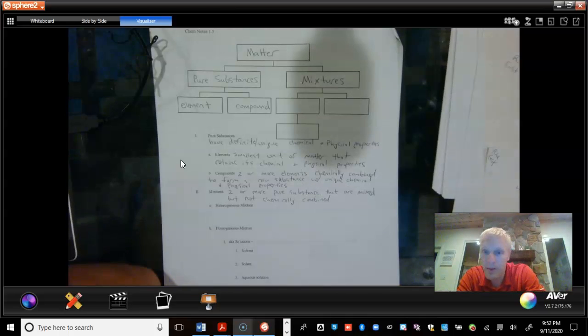So, 2 or more elements chemically combined to form a new substance with unique chemical and physical properties. That is a compound. So it is a pure substance because it has unique properties.